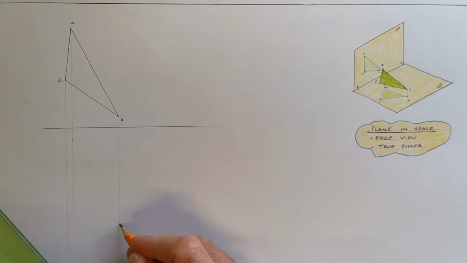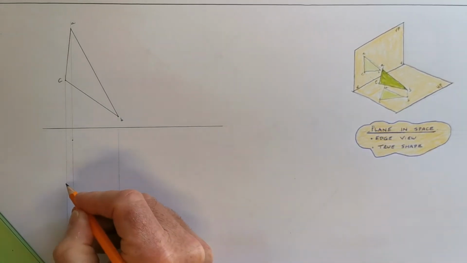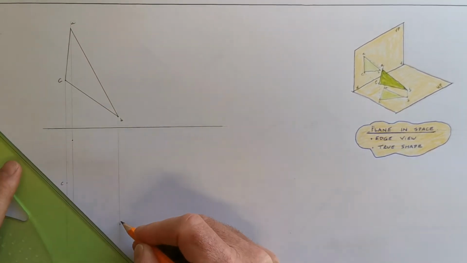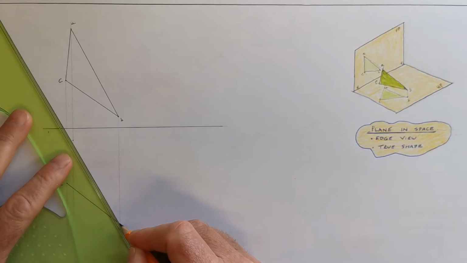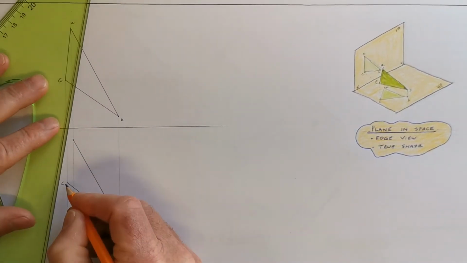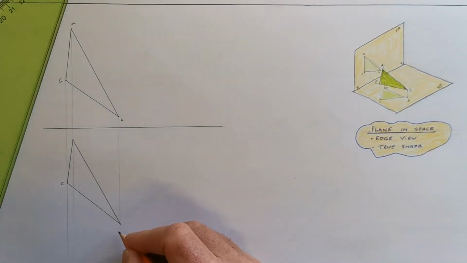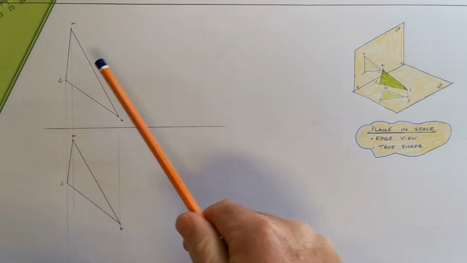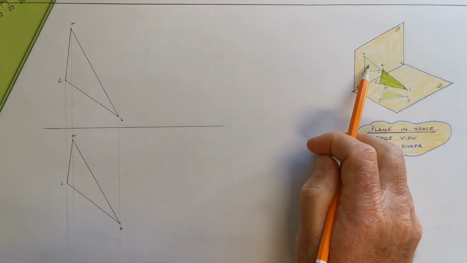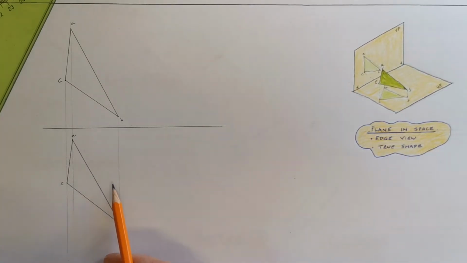I'm going to keep point B down here, and C is somewhere in between. So I'm going to put point C here, and that is going to work for us. So just join them up, and I'll label this. So that is this projected view here onto the vertical plane. This here is the projected view down onto the horizontal plane.